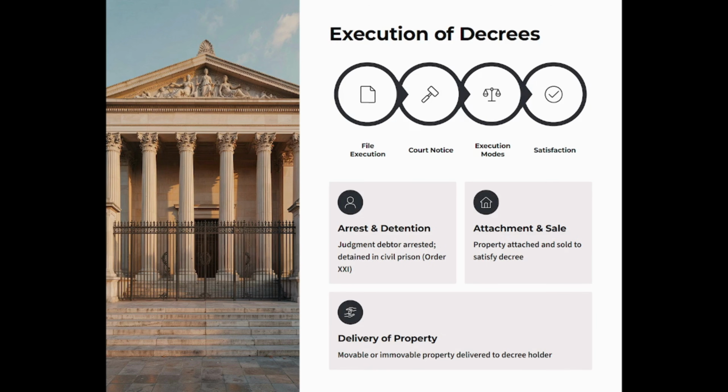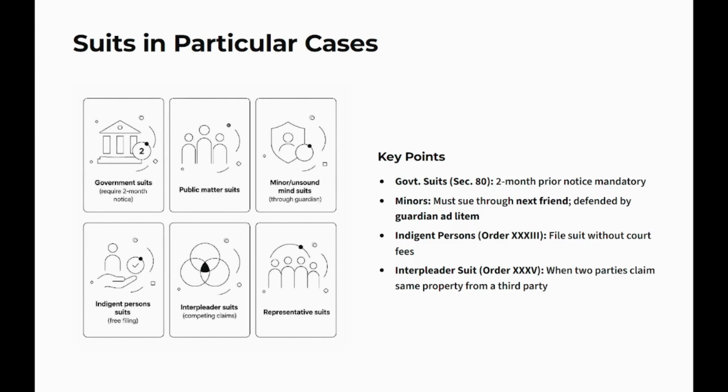Attachment and sale: the person's property is taken and sold to recover the money. Whereas delivery of property: if the case was about specific property, that property, movable or immovable, is handed over to the winning party. We'll go to the next slide.